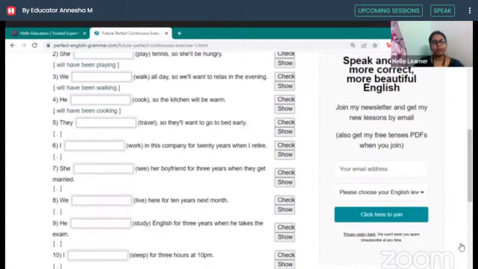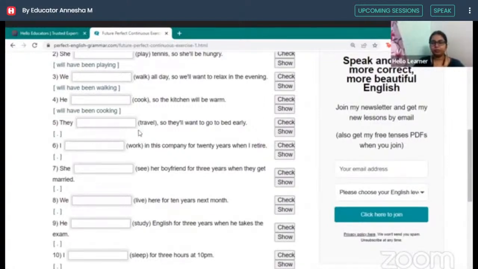You can say, I will have been trekking for 2 kilometers by the time I reach the top. Okay, ma'am. I will have been trekking for 6 kilometers, so I will be extremely tired. Very good sentence. Amazing. Absolutely correct. Yes, Raji, answer the fifth one.